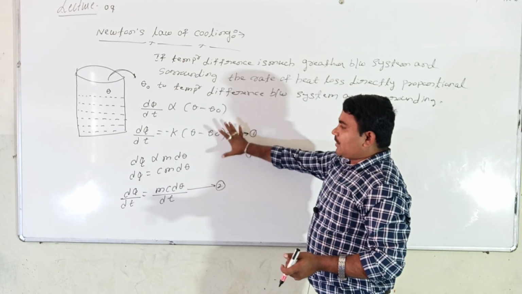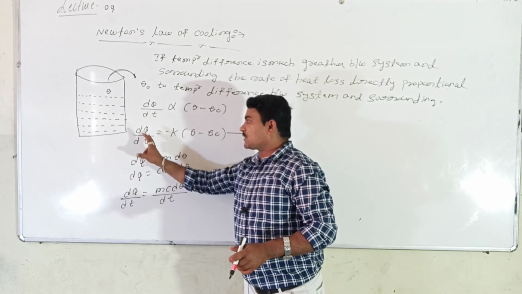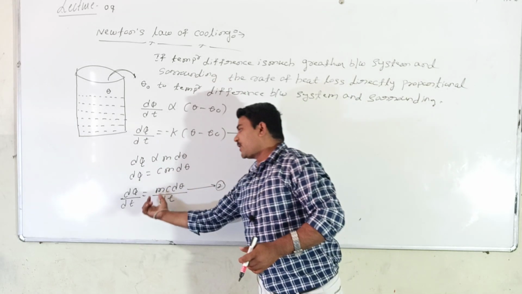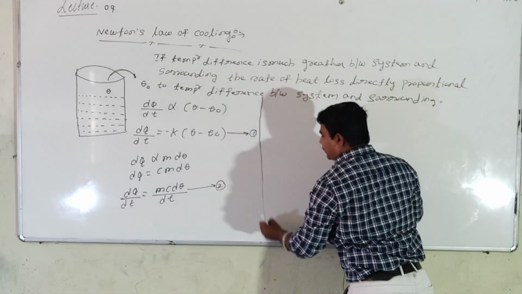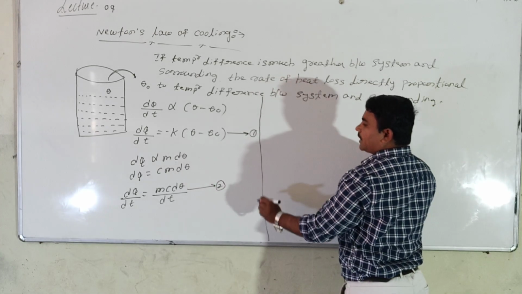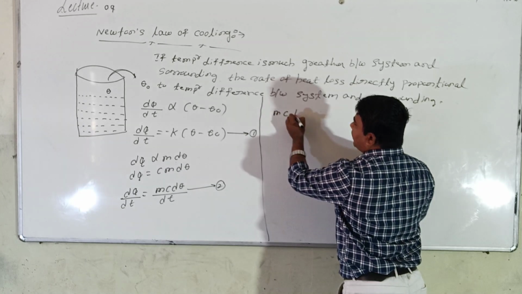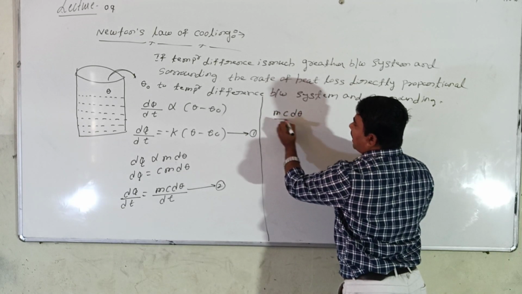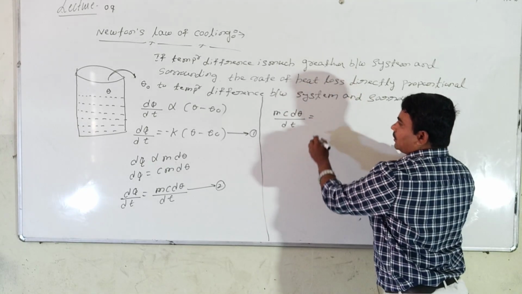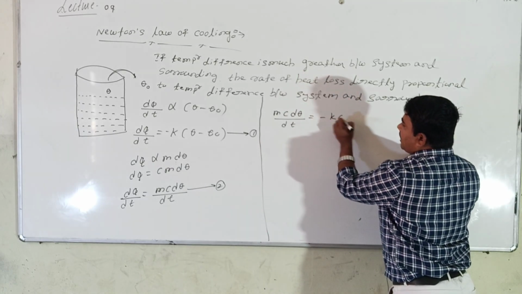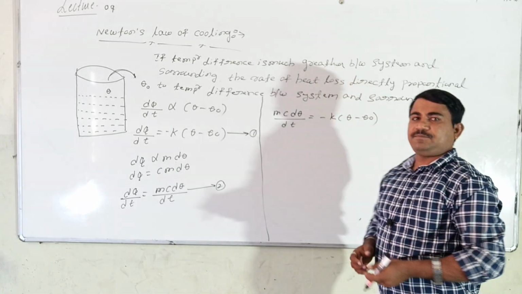Now just compare equations 1 and 2. Here also dq by dt, the rate of heat flow, and here also the rate of heat flow. If you compare equations 1 and 2, mass c into d theta divided by dt equals K into theta minus theta naught.